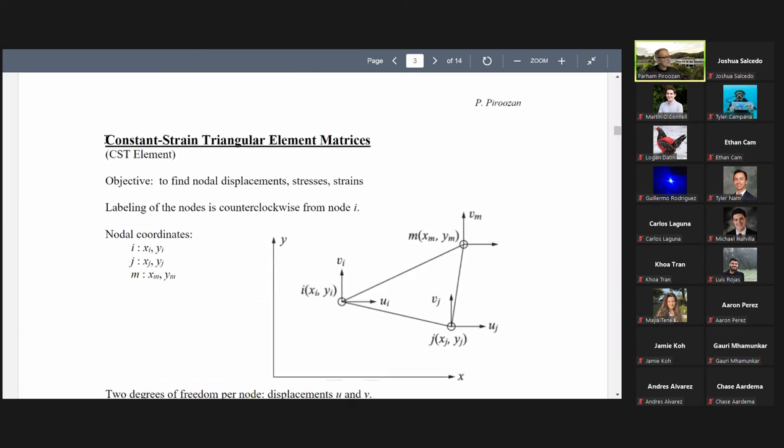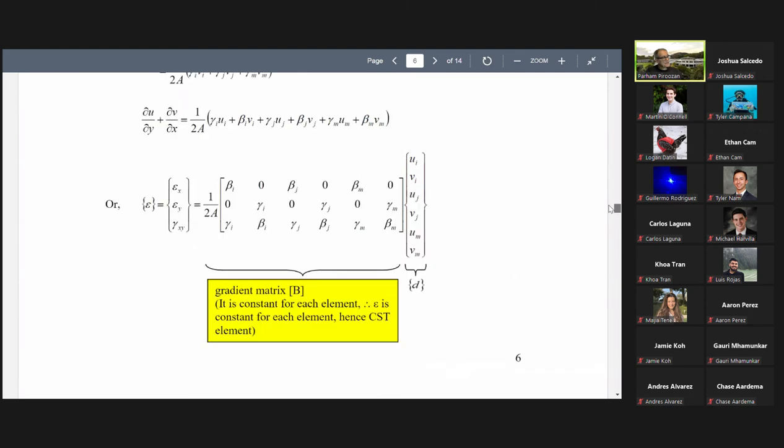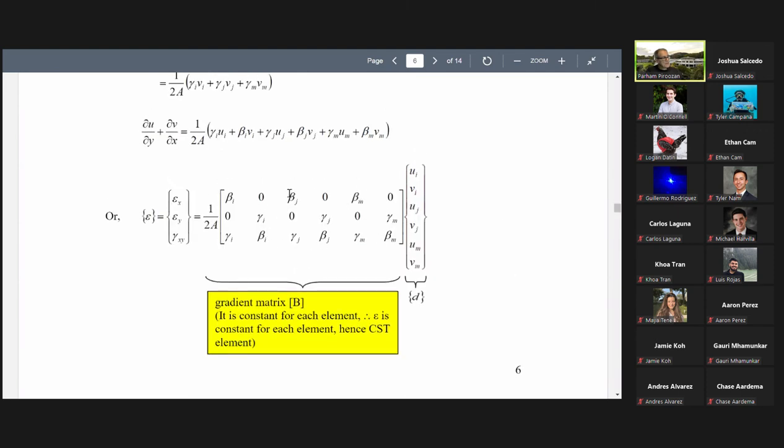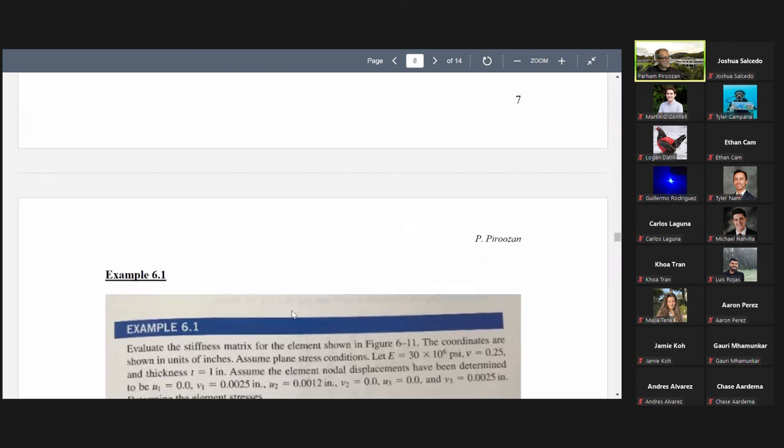This element is called the constant strain triangular element, the simplest type of element. Because of this behavior, it's also called a CST element.